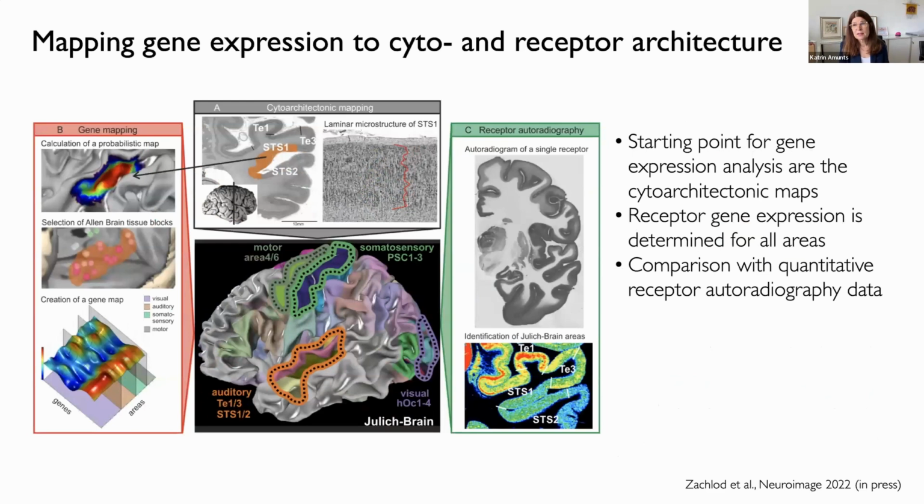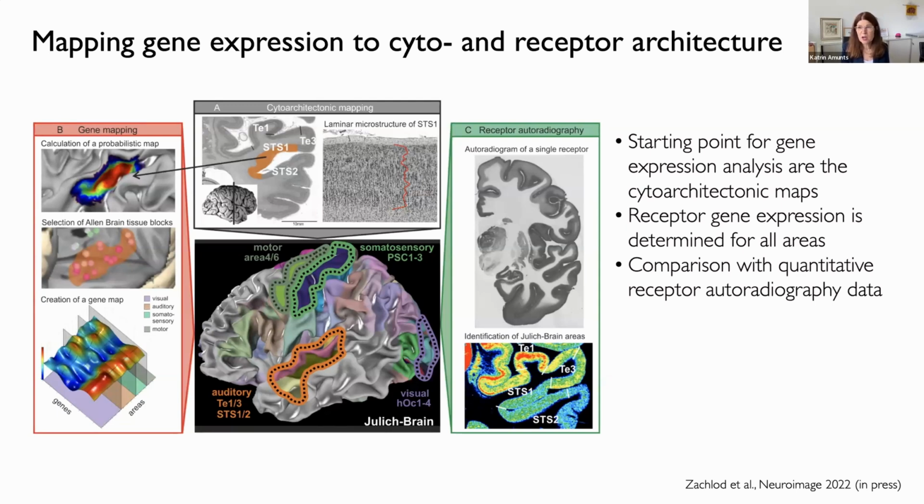So for this Wernicke region, we also started to analyze and compare the correlates of cytoarchitectonic and receptor architectonic organization with the genetic underpinnings. And indeed, gene expression is an extremely valuable modality that should also be brought into connection with cytoarchitectonic findings.